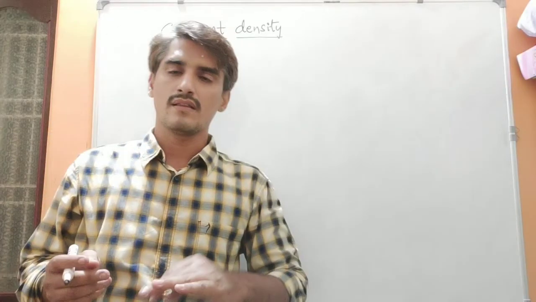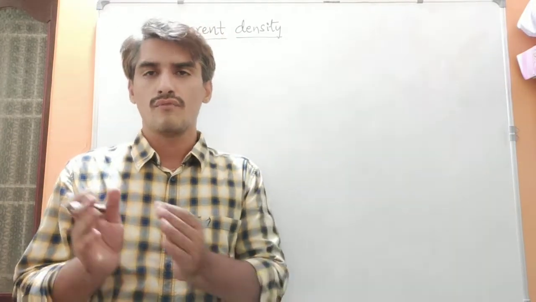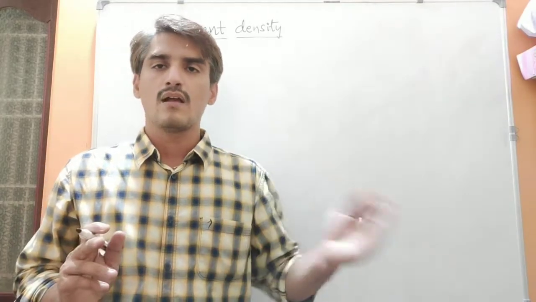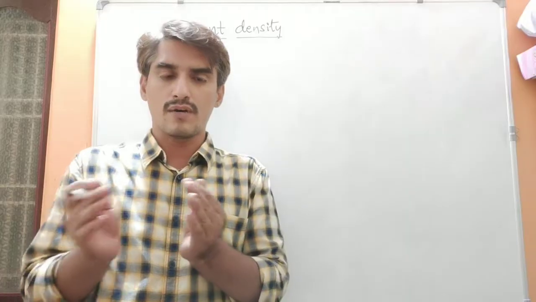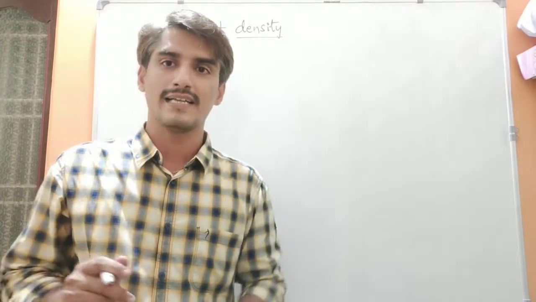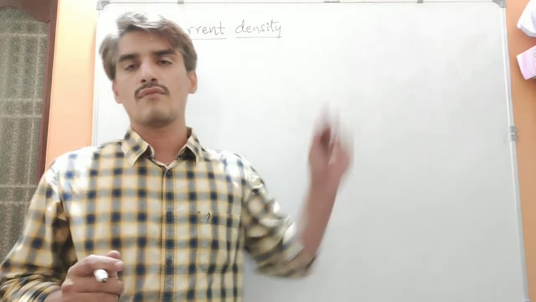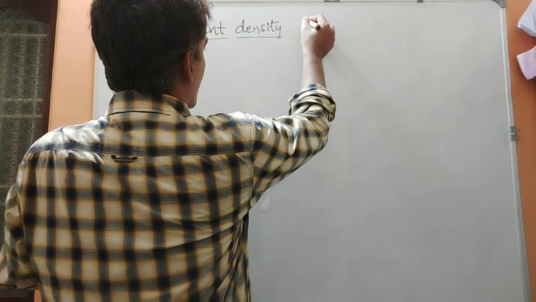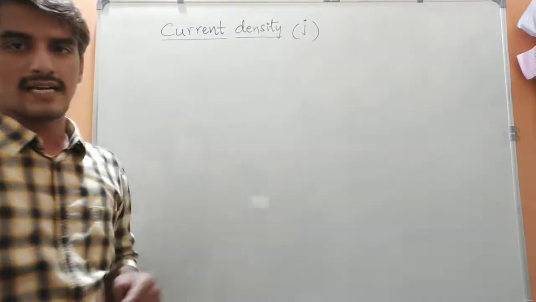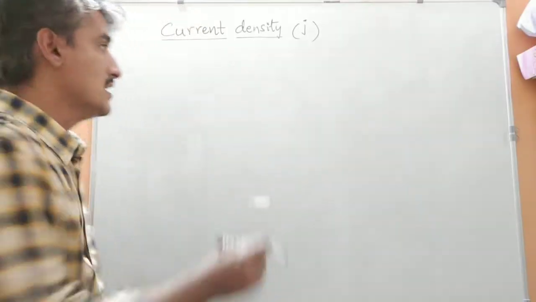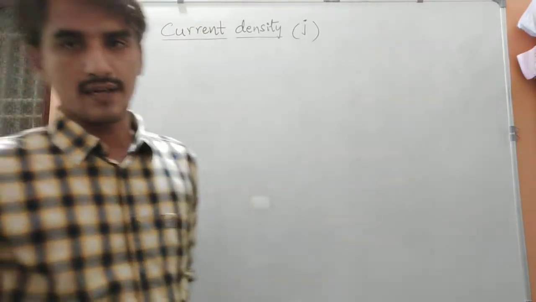The word density indicates that we are calculating that physical quantity per unit area or per unit volume or per unit length. Then only we can use the word density. Okay, so current density is denoted by the letter J, small j, right? So what is current density here?